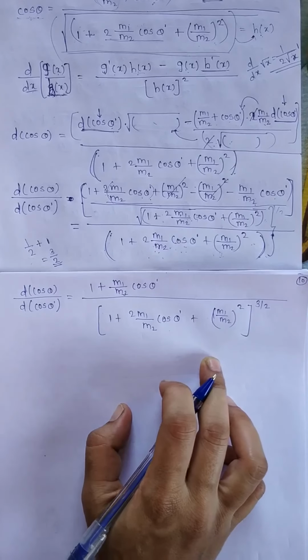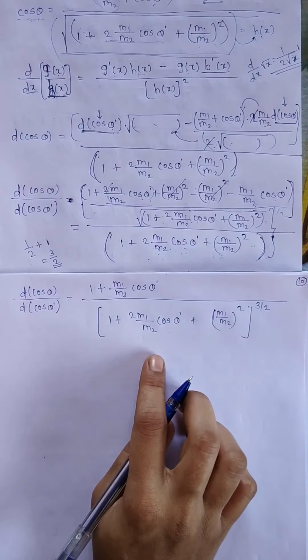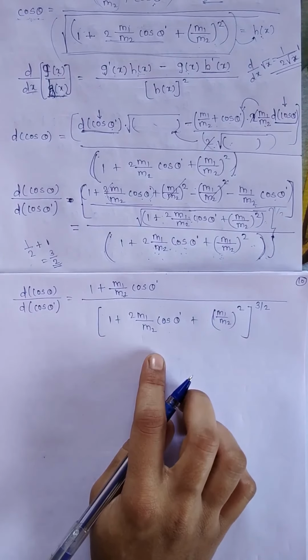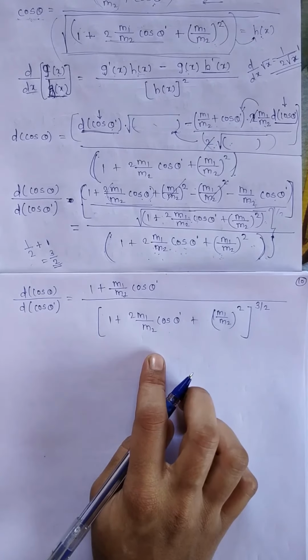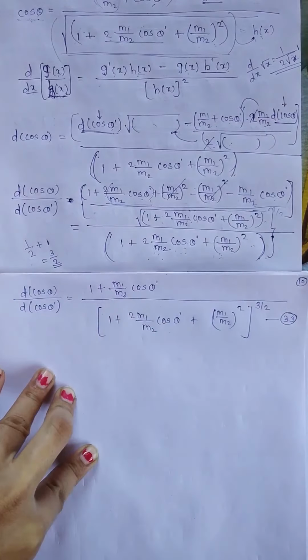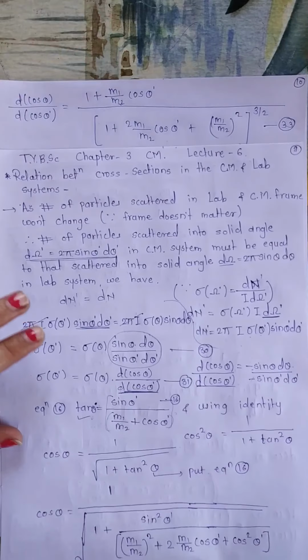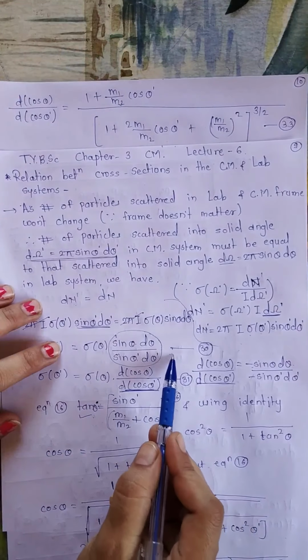So here we have calculated the value of cos theta dash. We will call this equation number 33 and put this value of equation 33 in equation number 30.